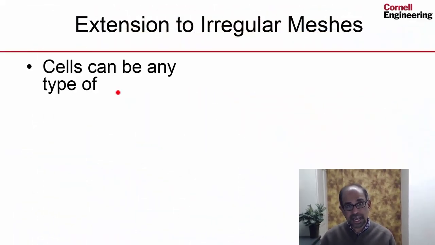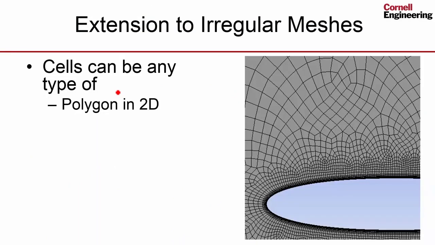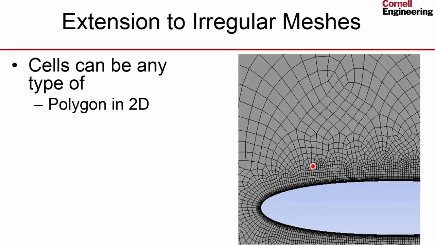And the cells can be any type of polygon in 2D. When we do the flow over an airfoil in Fluent, we are going to have a mesh that looks like that, and this is a combination of quadrilaterals and triangles.